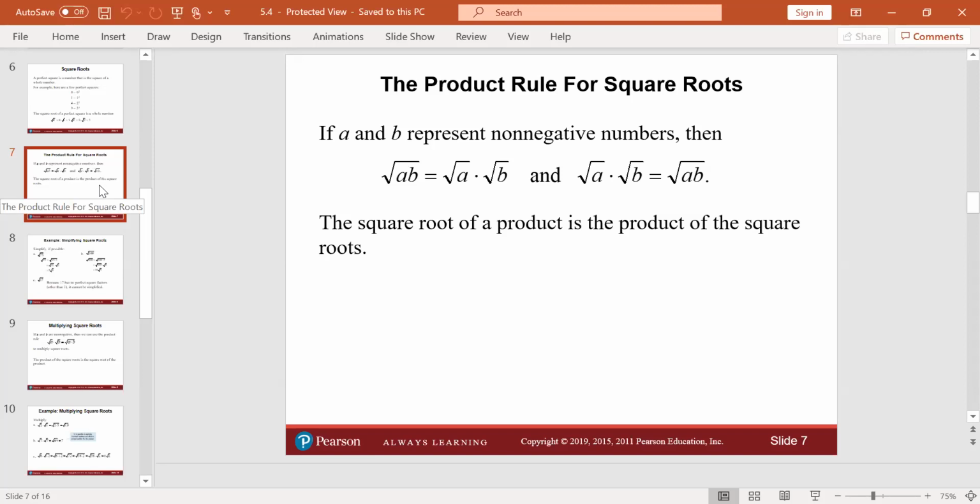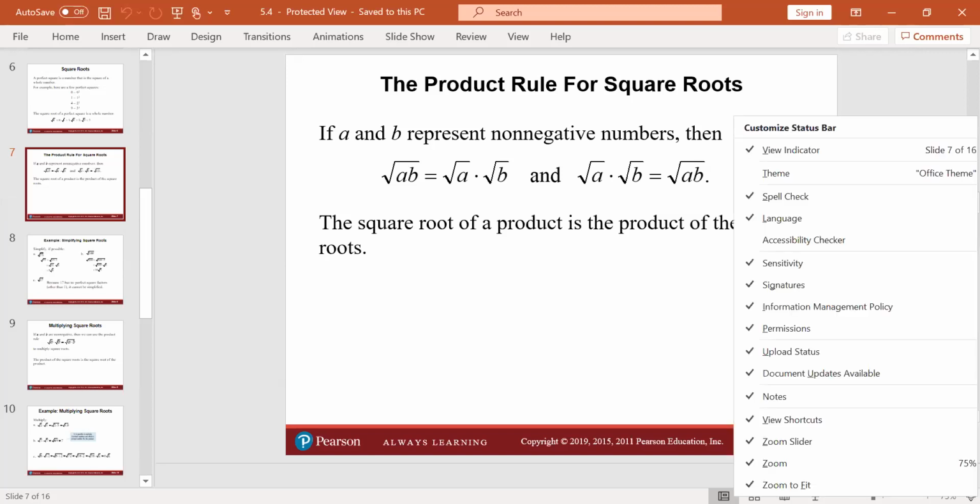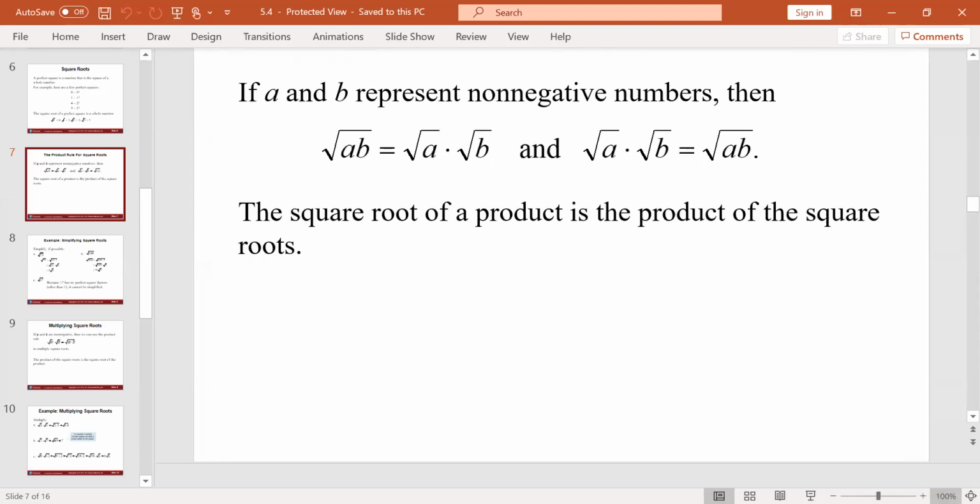And so these things have certain special properties. One of them is if you're taking the square root of something and you have a product inside the square root, you have two things being multiplied together inside the square root, you can split those off into two separate square roots that are being multiplied.